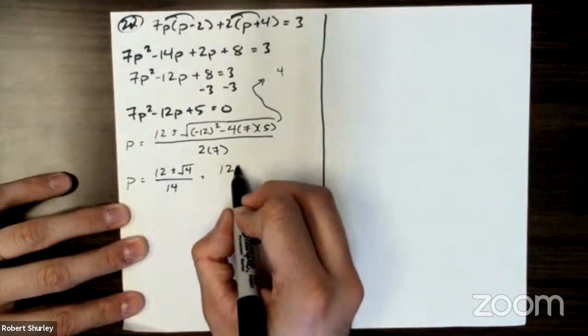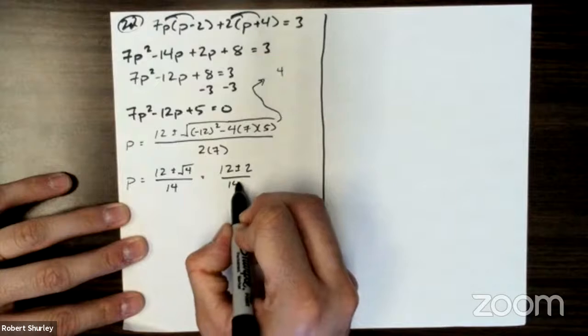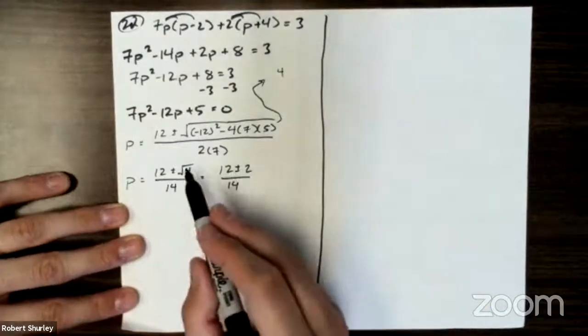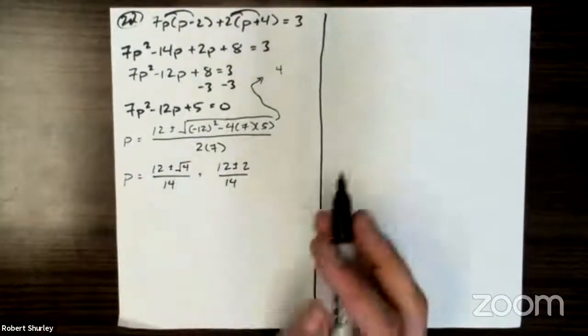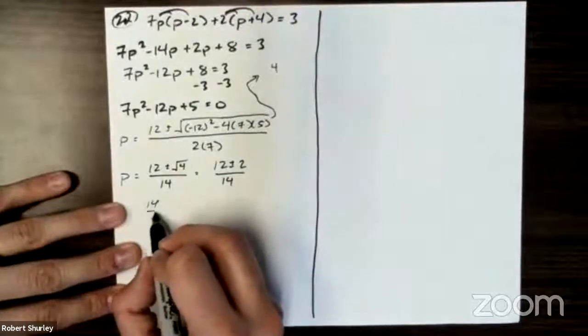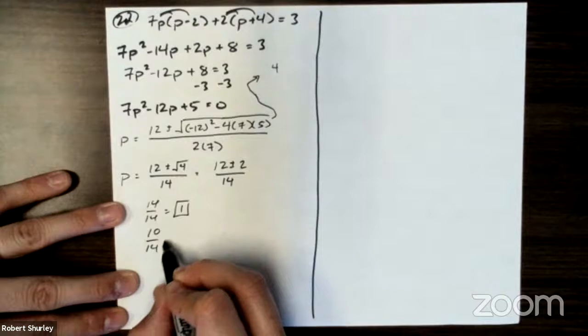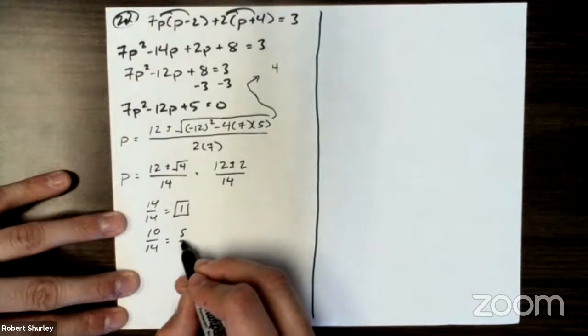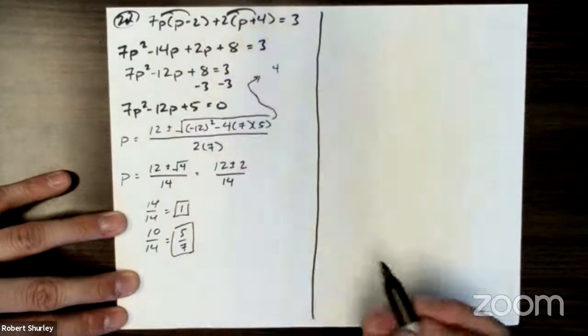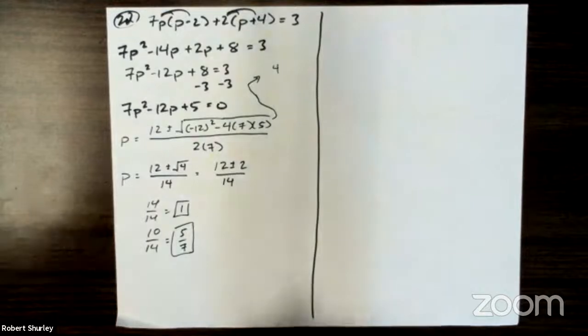So I get 12 plus or minus 2, over 14. I can actually add and subtract the 2, because we could take the square root. So I wind up with 14 over 14, which is just 1, and 10 over 14, which is just 5/7. Those are my 2 answers.